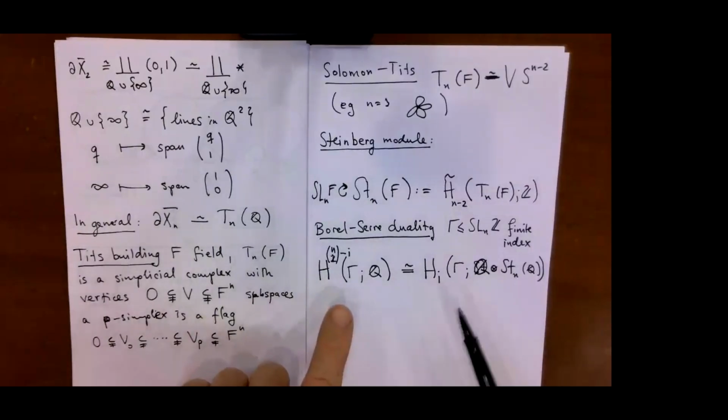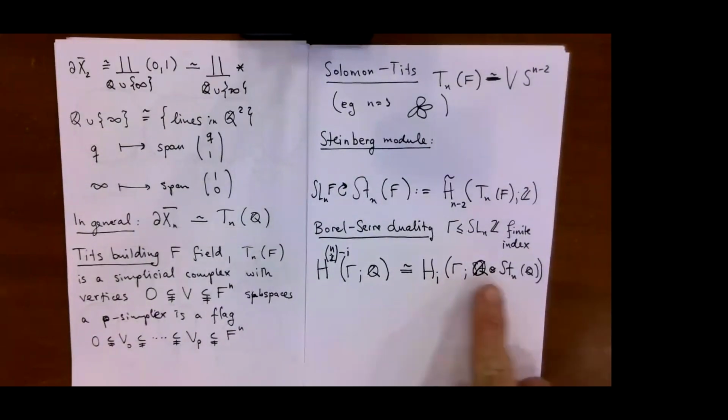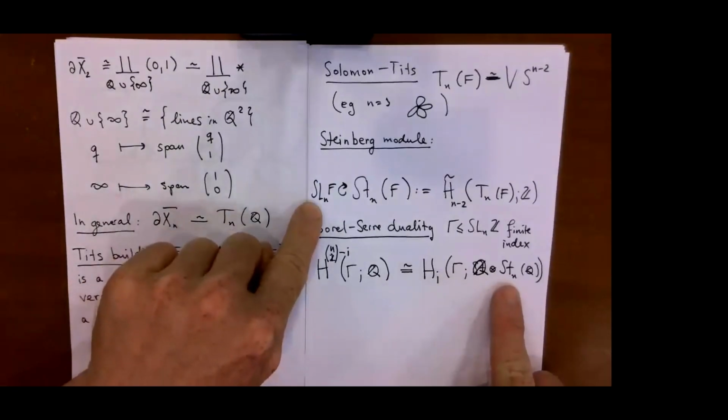But you should view this as a form of Poincaré duality. I have some high dimensional cohomology equal to some low dimensional homology. Now be aware that this is a coefficient module. So maybe I should say, how does Gamma act on this? Well, I said SL_n(Q) acts on this.